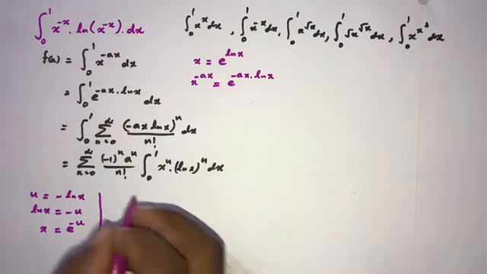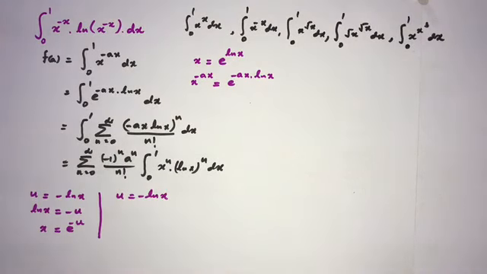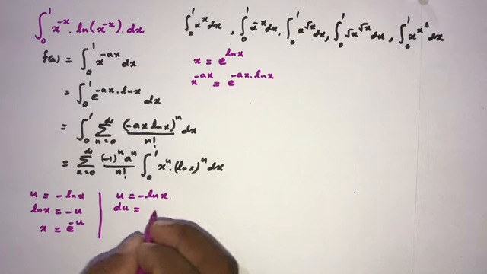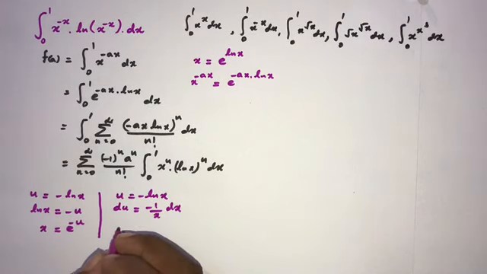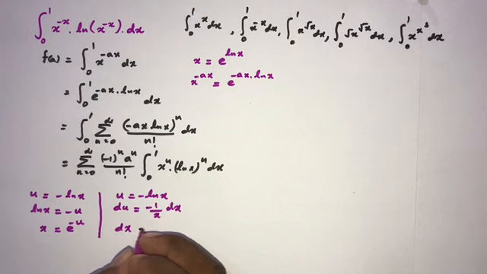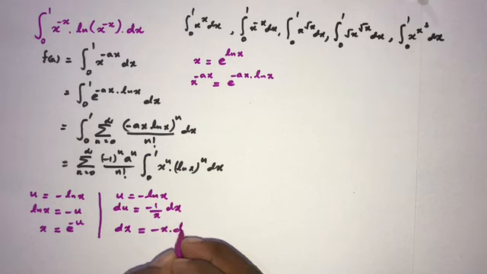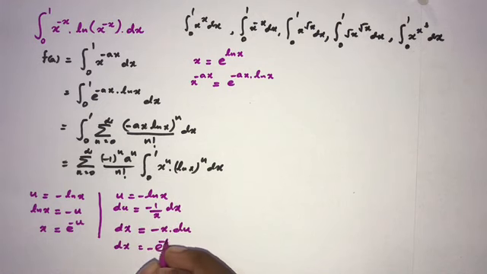Now I'm going to differentiate. So du is equal to minus 1 over x dx. Then we can isolate dx. So dx is equal to minus x times du. Then we know x is equal to e to the minus u, so dx is minus e to the minus u du.